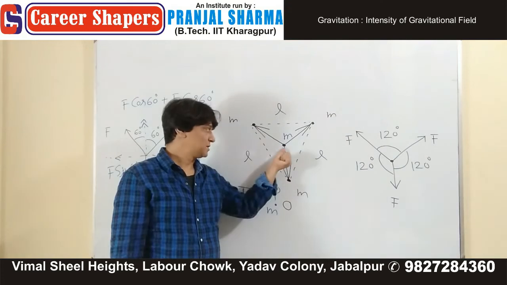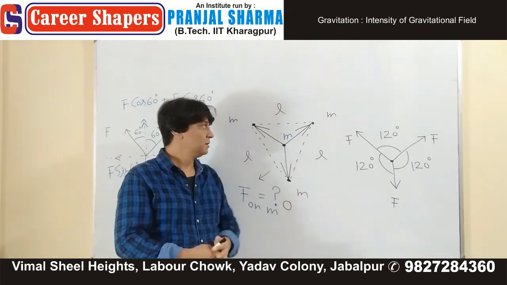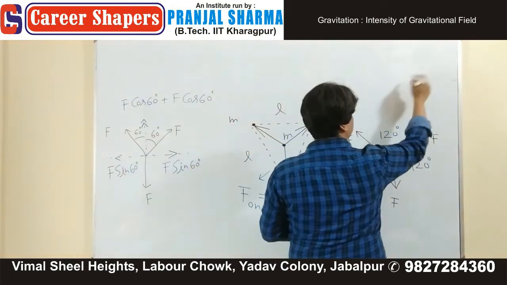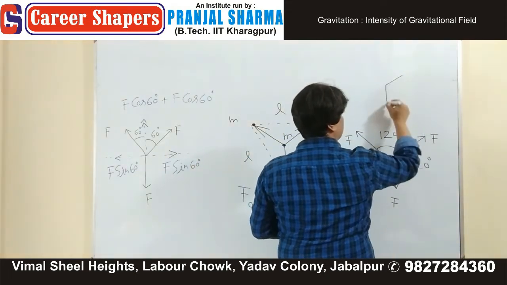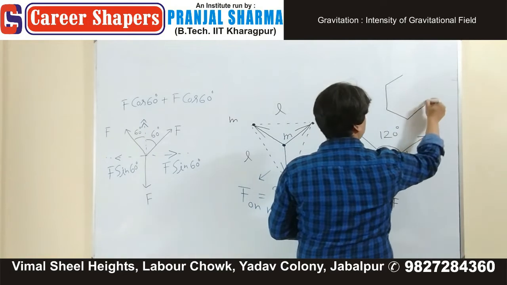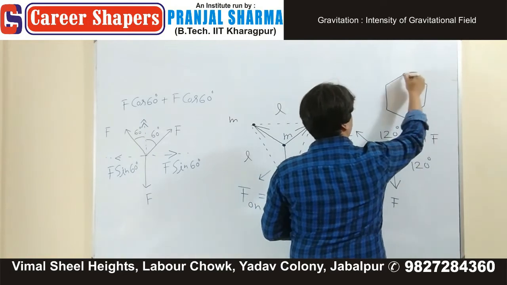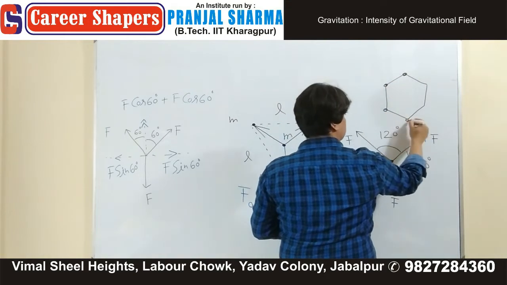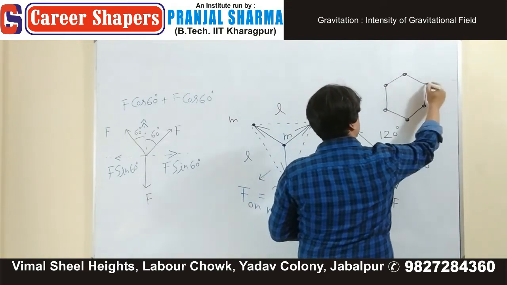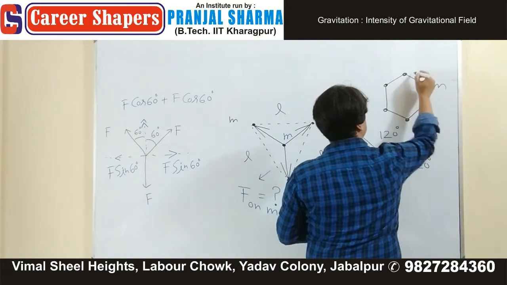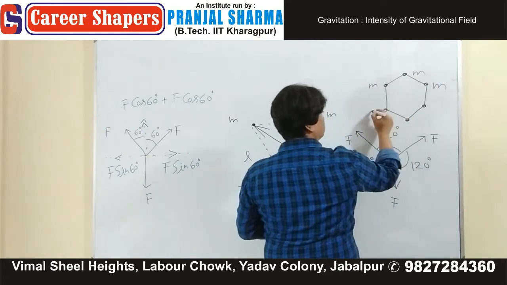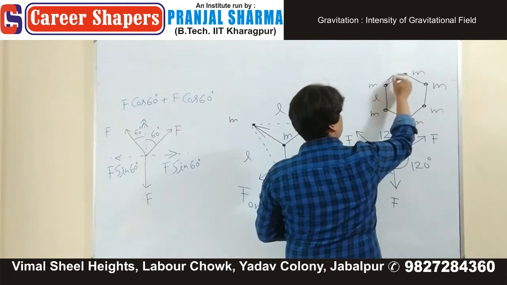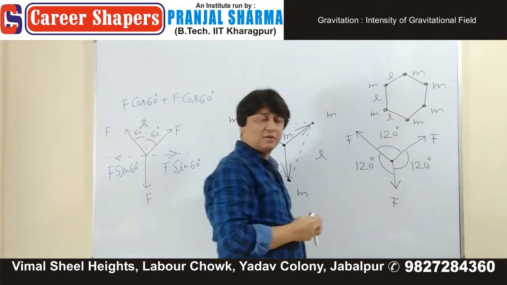If you place a point mass at the center, and if they ask you a question like this, that you have a regular hexagon with all these vertices having a point mass m, all these arms are of the same length.